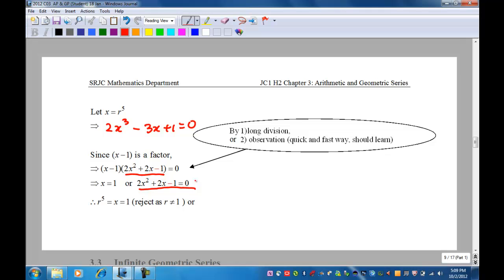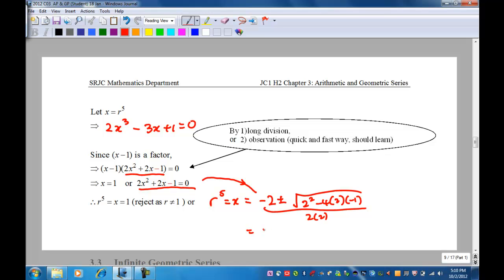So, knowing that x was r power 5, we have r power 5 equals 1, or r power 5, being x, can also be the roots from the second equation, and we are proceeding to use the quadratic formula to solve it. So it gives us minus b plus or minus the square root of b squared minus 4ac, over 2a.